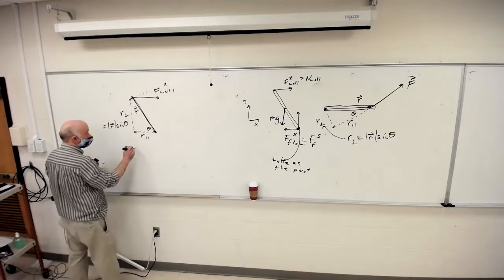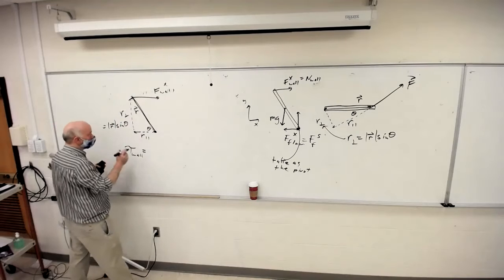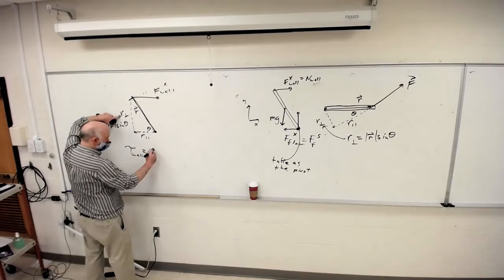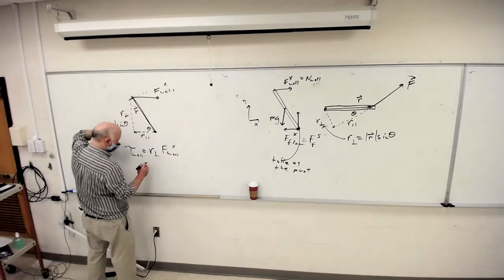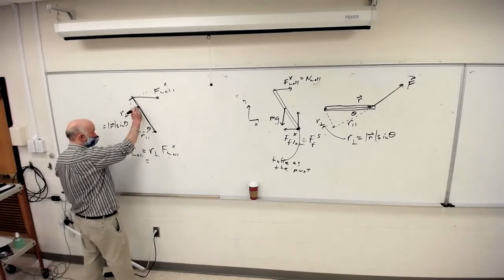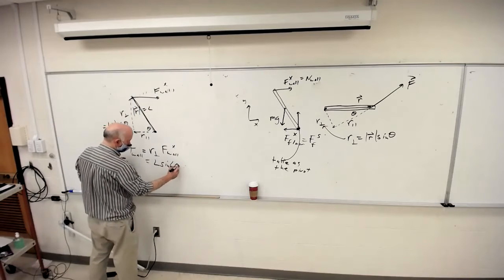So I can say the torque due to the wall force, when I work this out, is going to be this guy here, R perpendicular, and this guy here. So this is going to be my R. In this case, the magnitude of it is L. So this is L sine of theta.